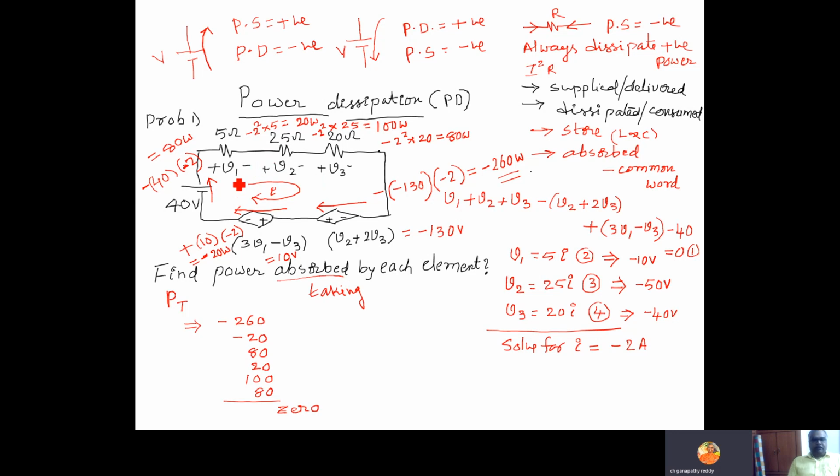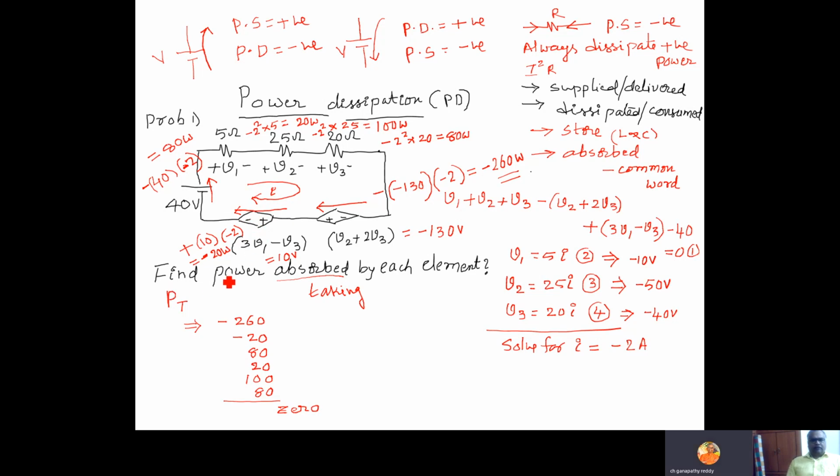That current is coming because of the independent source. So this is one best example. It has all possible sign conventions, because these two dependent sources with opposite polarity, we got current of negative, then here flowing from negative to positive, here positive to negative, and so on.